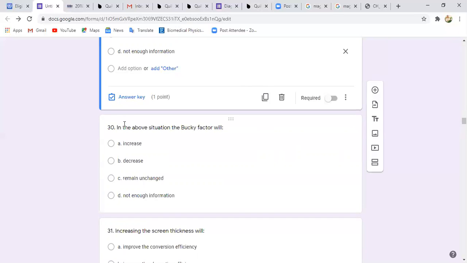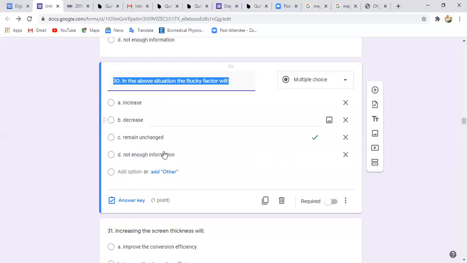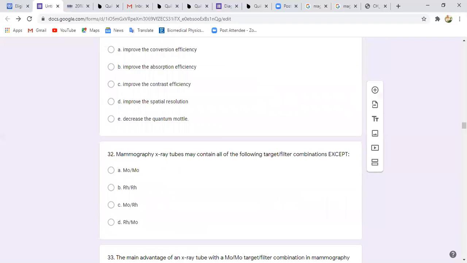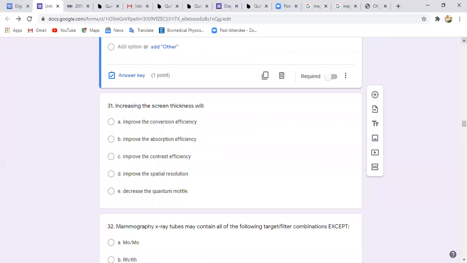Next, question 31. Increasing the screen thickness, what does it do?